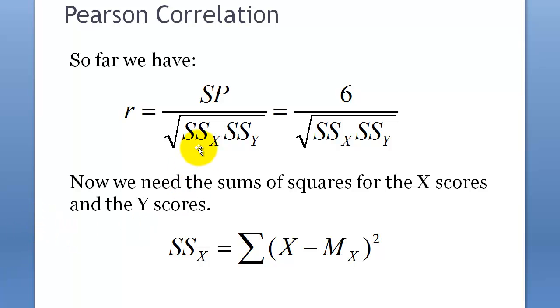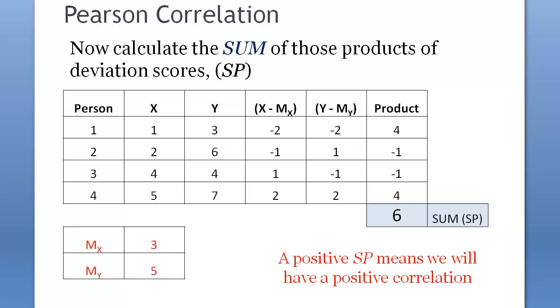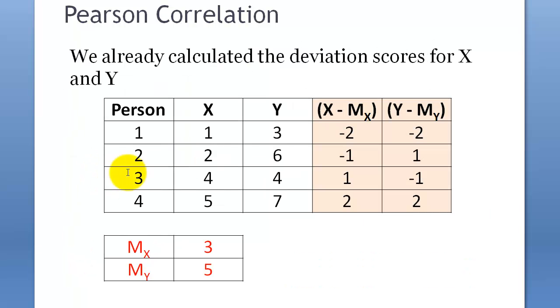The sum of squares of x is just a simple sum of squares for this: x minus the mean, x minus the mean, square that and add them up.